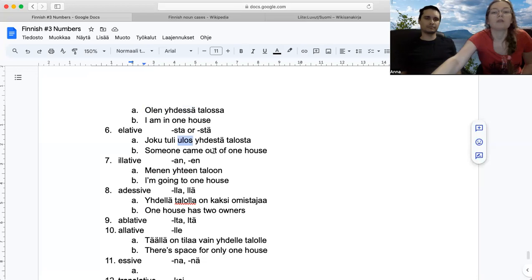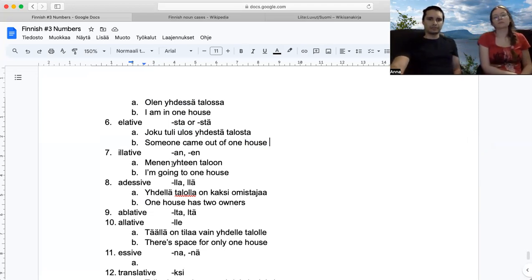And out of this combination, out of something from inside is represented by the ending sta or stä, depending on the vowel harmony. So out of one, yhdestä, out of house, talosta.